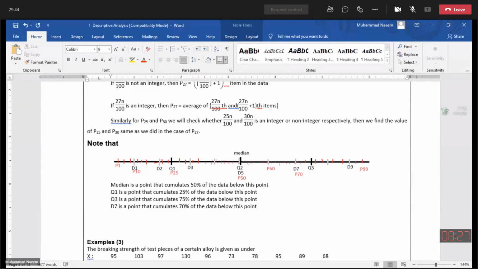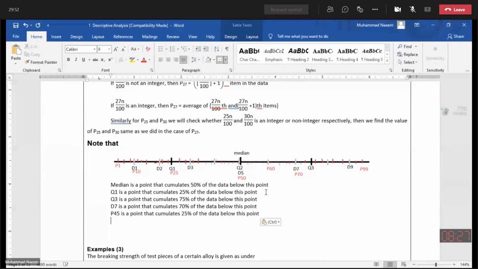Similarly, let's say P45 is a point which accumulates 45 percent of the data below this point.